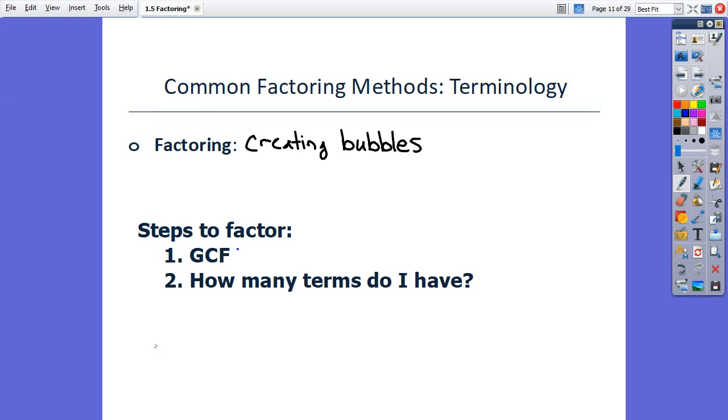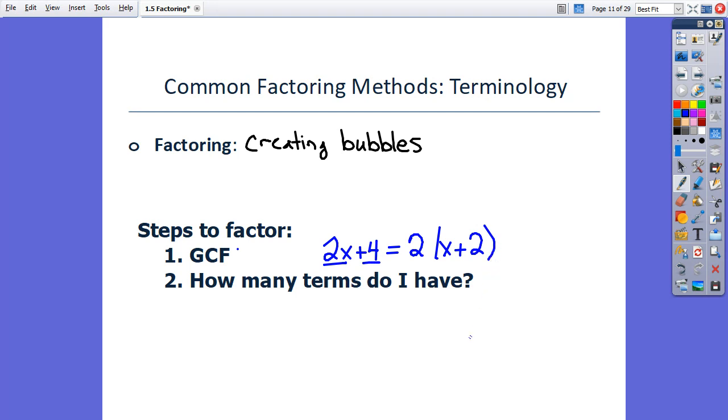If it has it, pull that GCF out in front of a polynomial. So if we have something like 2x plus 4 and they want us to factor, what we do is we look and we say, is there any factor inside of each of those terms that's common? And so what we have is a numerical factor of 2 that's common. And so we can factor out that 2.